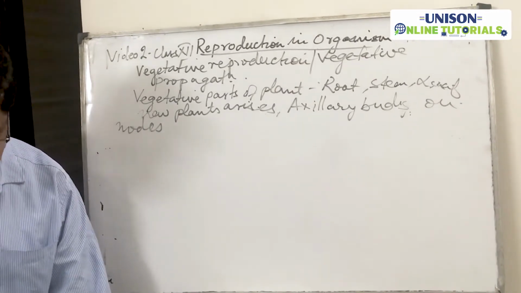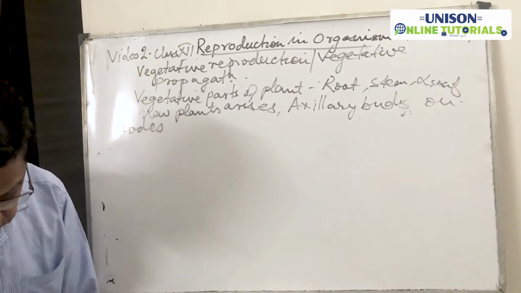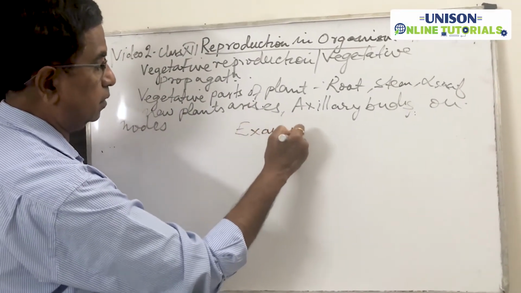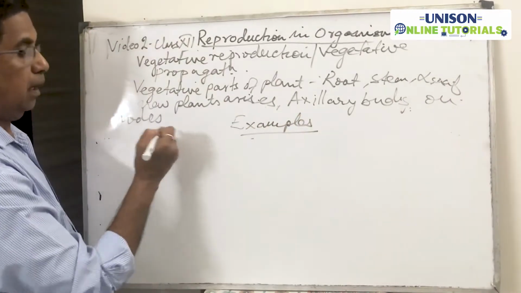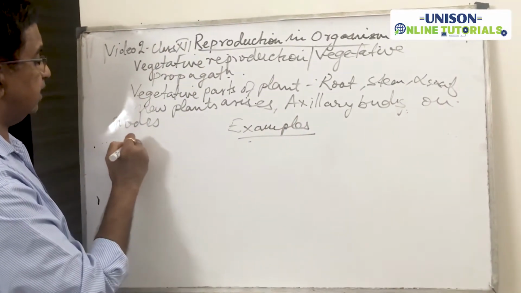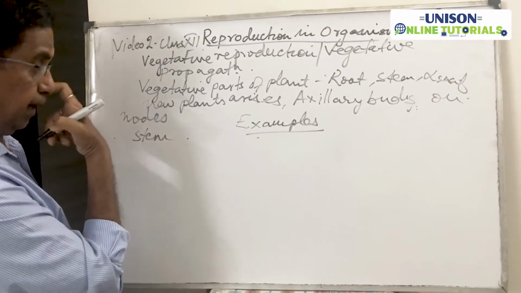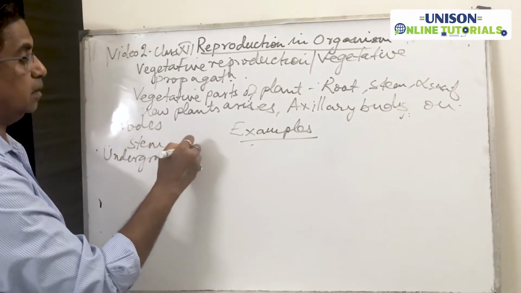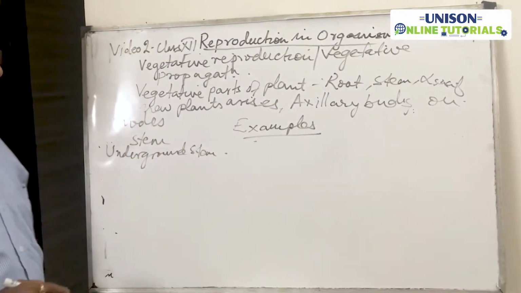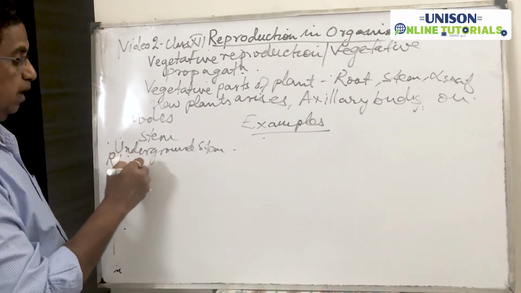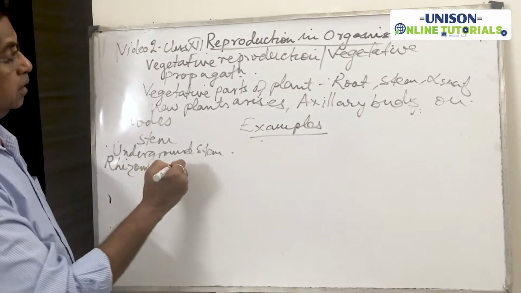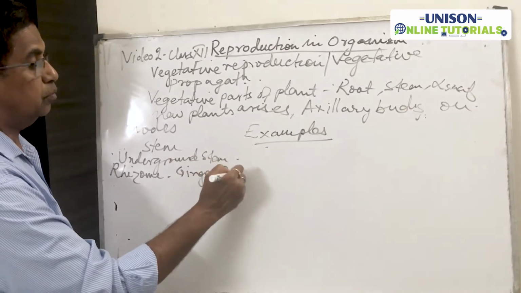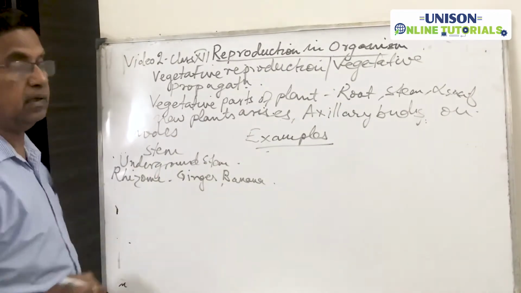Now, we are taking the examples of vegetative reproduction. Number one, we'll take the stem, the underground stem. In +1 you have studied about rhizome. Rhizome example is ginger, and also banana, because the banana stem is underground.